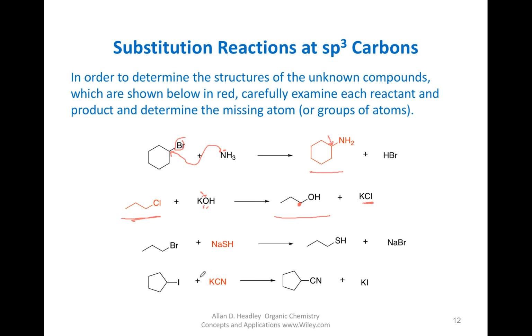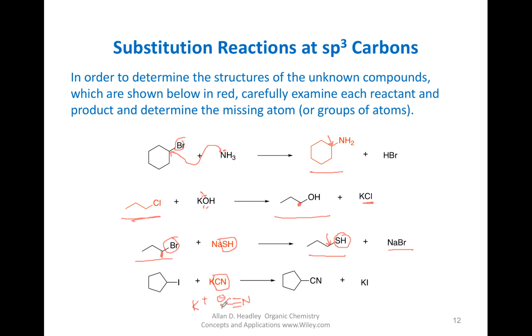Here's another example. This is our electrophile, and we have this as a product. So therefore this new bond is formed from our nucleophile bonding to this carbon, and this bromine comes off as the salt. Same thing here. This is our KCN. Notice it's a salt because K plus is very electropositive, and so it is bonded to an anion.